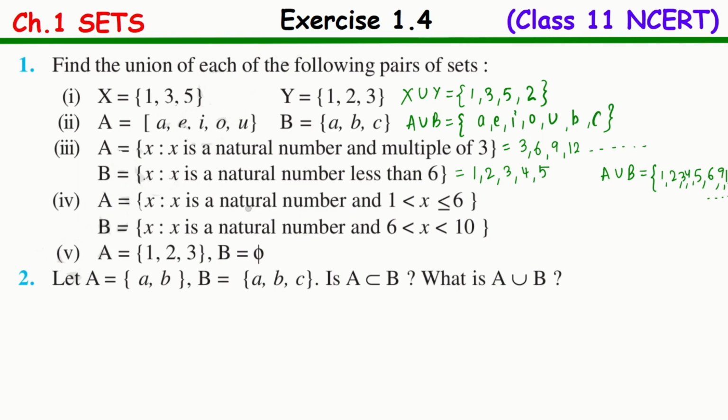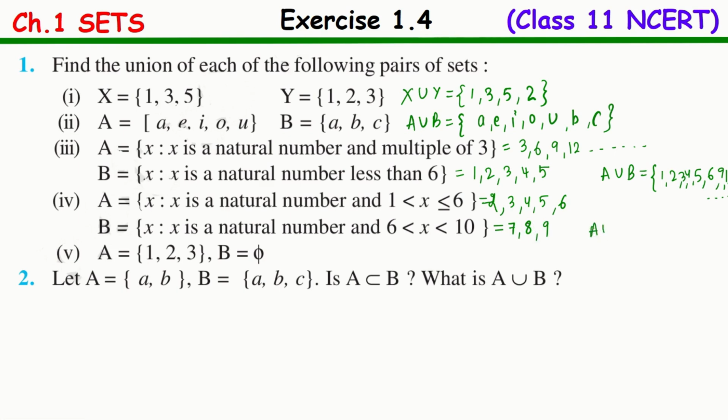Fourth: X is a natural number between 1 and 6, so 1 is not included. The natural numbers begin from 2, 3, 4, 5 and 6, because 6 is included. B is a natural number between 6 and 10. 6 is not included and 10 also is not. So it will be 7, 8 and 9.